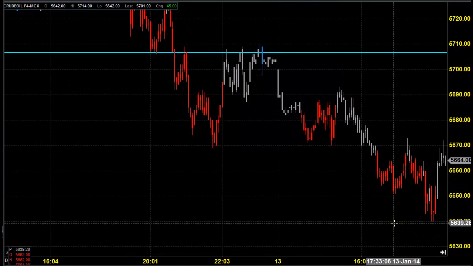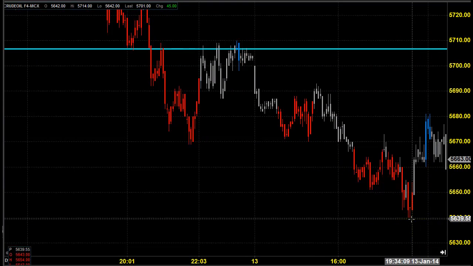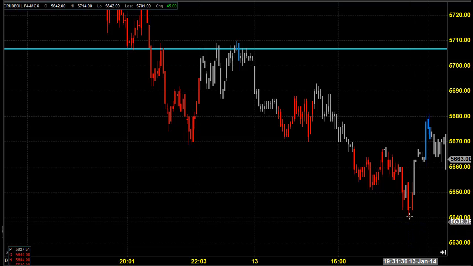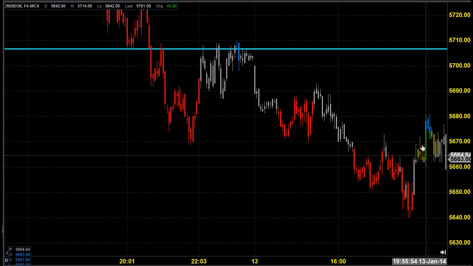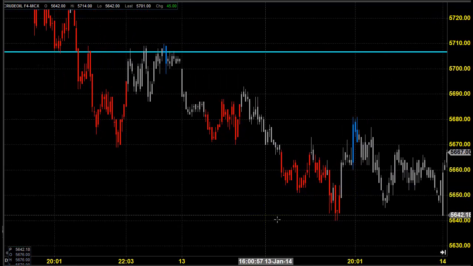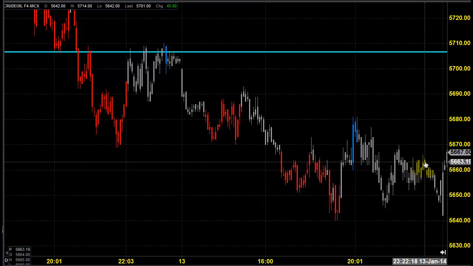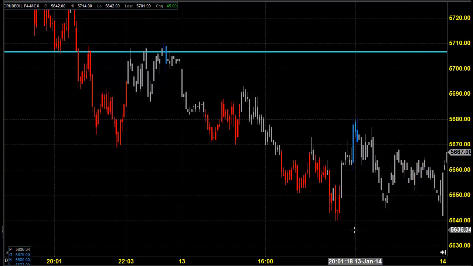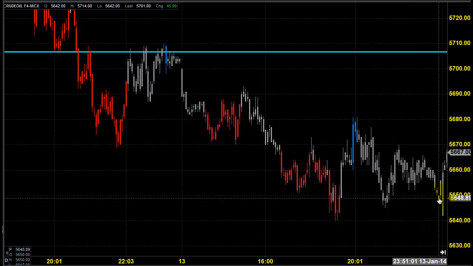So the price continued its downtrend and it finally came down till 5640. Then it found the bounce back towards 5680, and you can see there was a long consolidation on 13th of January. On seeing the entire price action, finally the price closed around 5640.